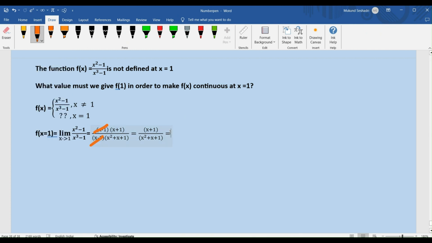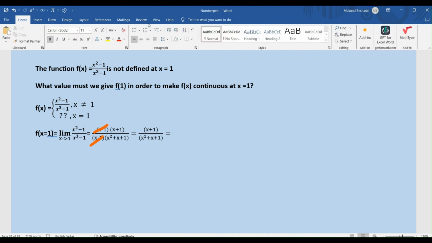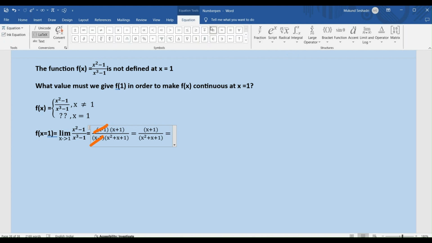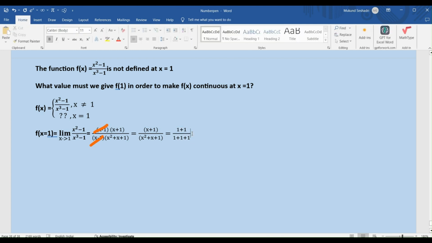I don't think we can further simplify this, and what do I get if I do a substitution of x equals 1? I get a 2 in the numerator because 1 plus 1 equals 2, and I get 1 plus 1 plus 1, which is 3, in the denominator.